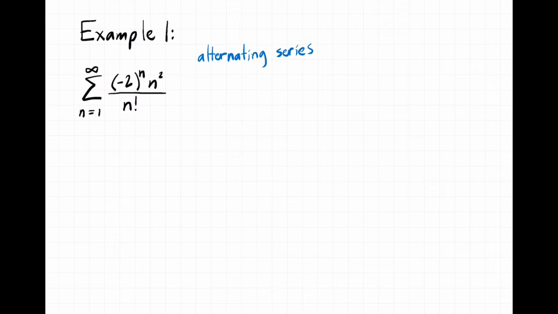Note, by the way, that because this is an alternating series, we could actually use the alternating series test here, and we might be able to determine that the series converges using the alternating series test. We need to check two things. Check that the limit of the terms is 0, and then also check that the terms are decreasing, at least for large enough values of n.